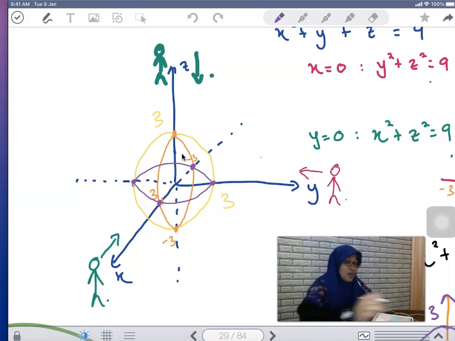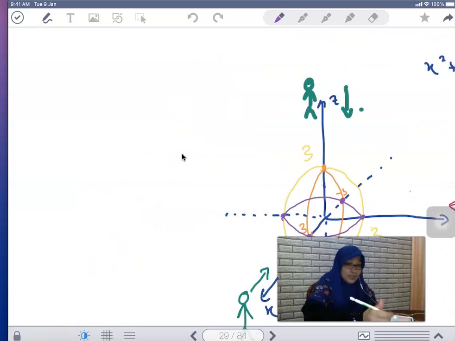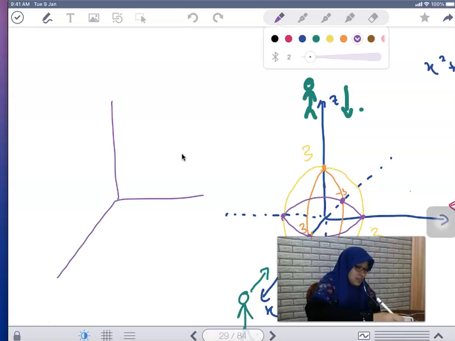Some students who did not practice just give me this particular graph because they know that the 3 traces give them 3 circles.